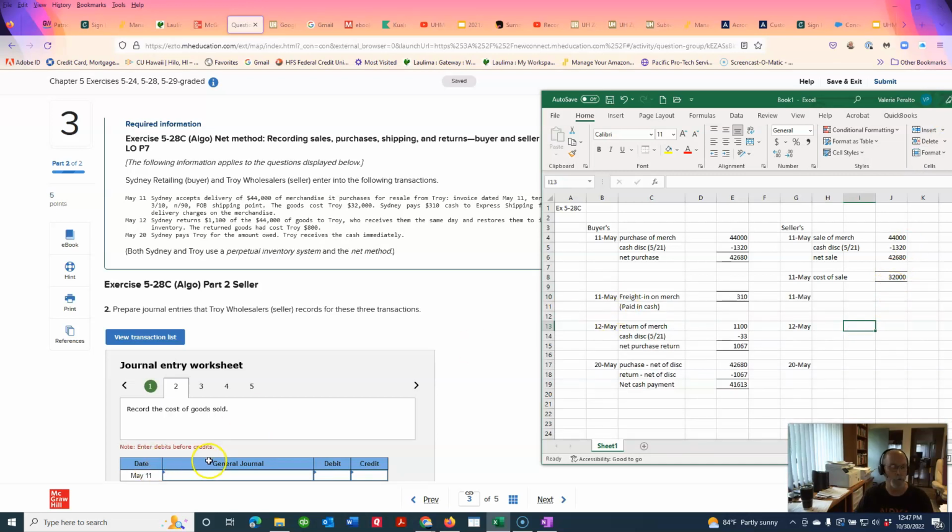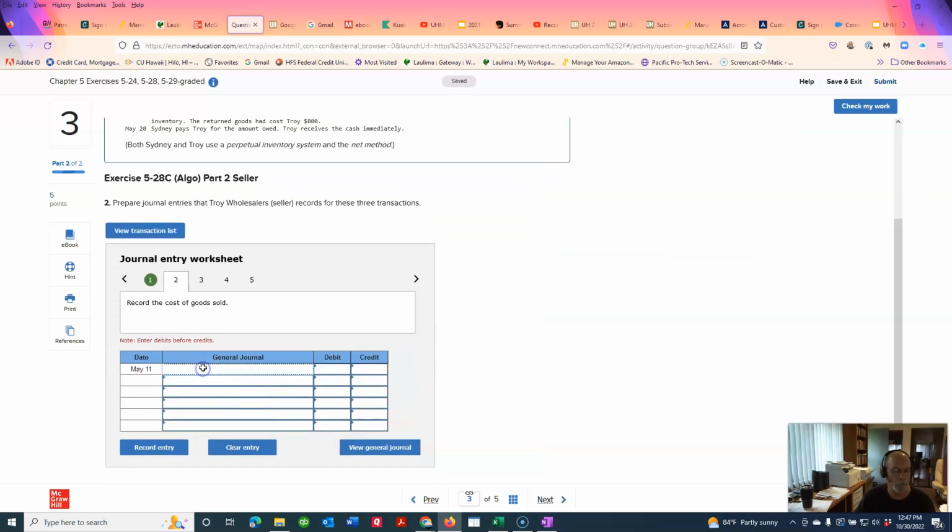And so we want to record a debit to cost of goods sold of $32,000, and our credit is to our merchandise inventory account, $32,000.